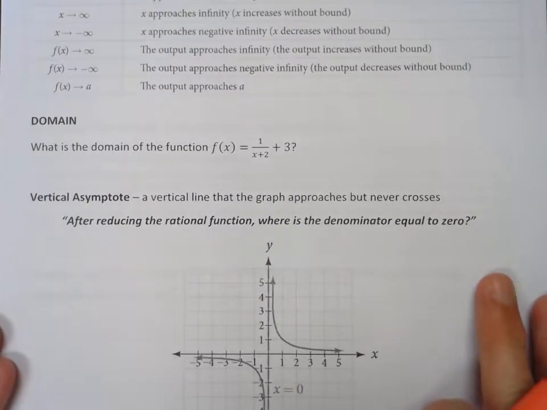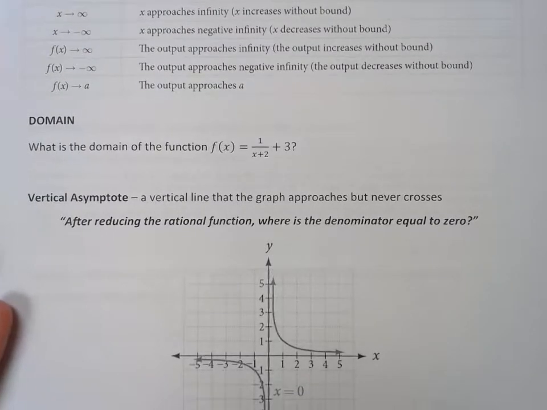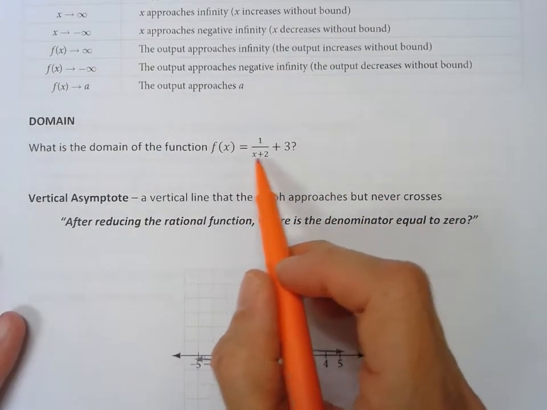Now, we've talked about domain many times so far this semester. Remember, we had those two conditions. The first question is there a variable in the denominator? The second question is there a variable under a square root? We do have a variable in the denominator, but we don't have a square root. So what do we do when we have a variable in the denominator?